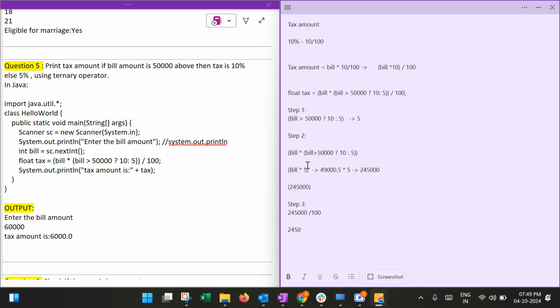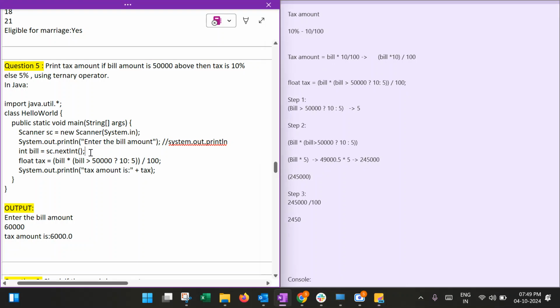Let's assume I took next float here also, and the bill variable is also float. But what will happen now? This division by 100 will do integer division only. This division operator does integer division only.